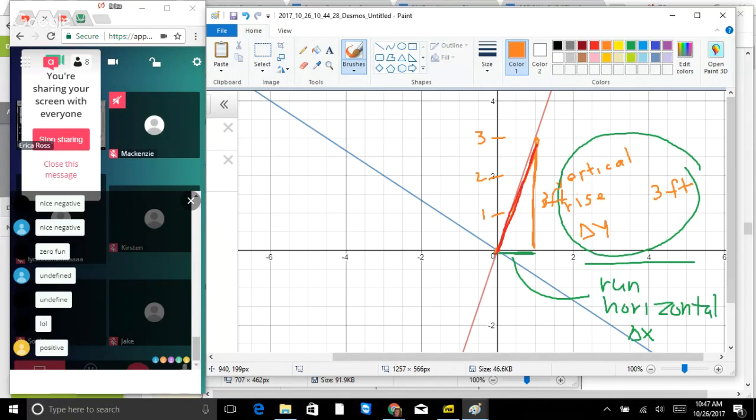Every time I run 1 foot. All right, can you see how this only goes 1 unit? So the slope of this line would be 3 feet over 1 foot, which is just 3.